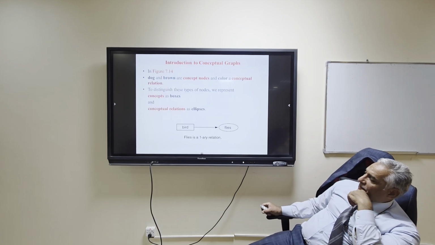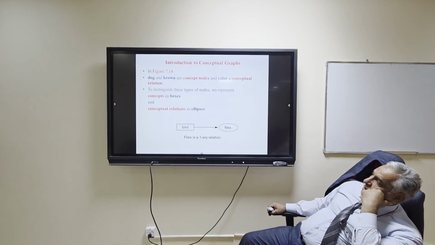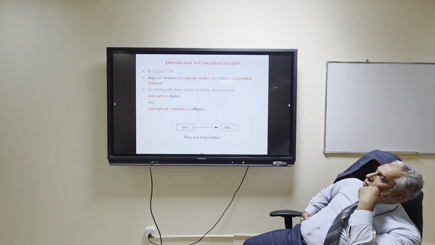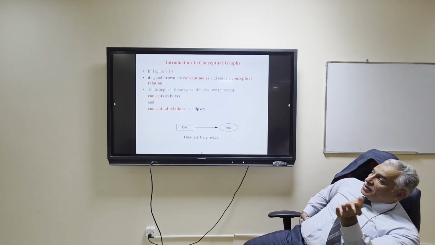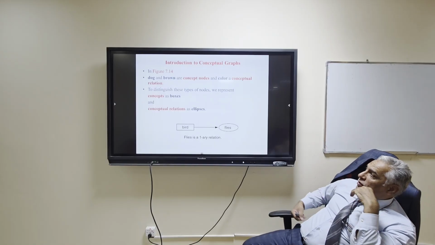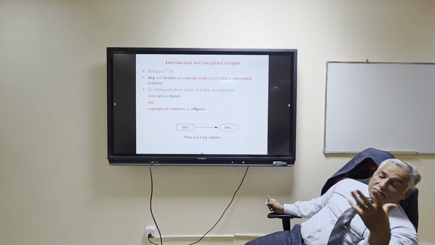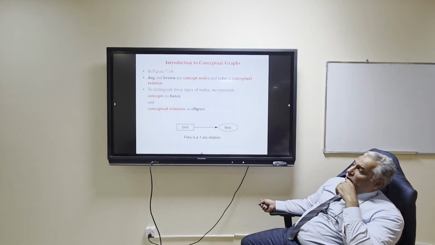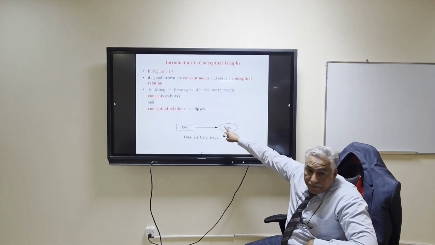Now in this figure 7.14, dog and brown are concept nodes and color is a conceptual relation. To describe these types of nodes, we represent concepts as boxes and conceptual relations as ellipses.